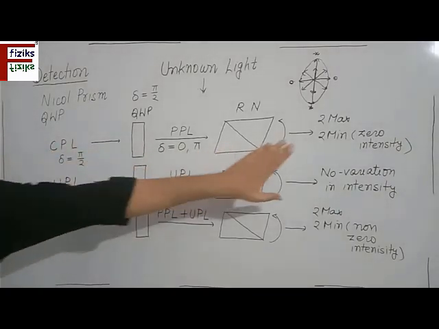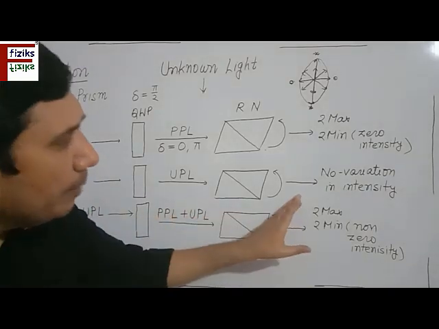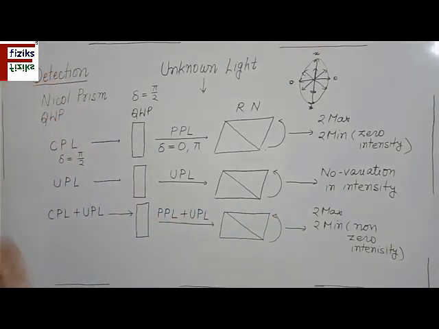If we do not get any variation in intensity, then this is unpolarized light. And if we get 2 maxima and 2 minima with non-zero intensity, then this is a mixture of CPL, circularly polarized light, plus unpolarized light. So this is the second case. Now come to the third case.